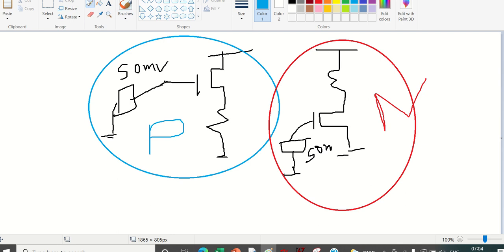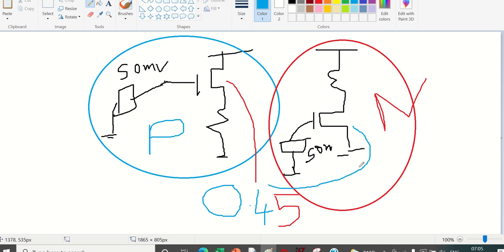We know the threshold voltage of the transistor. Let us fix it common for both: 0.45 V. This transistor has 0.45 and this one also has 0.45. Both have the same threshold of 0.45.